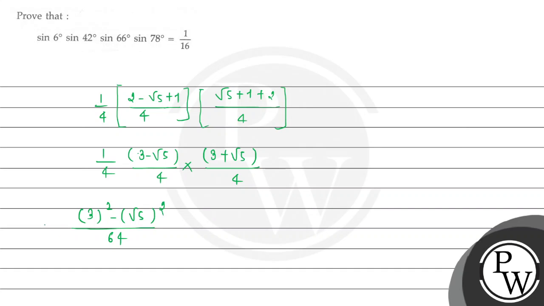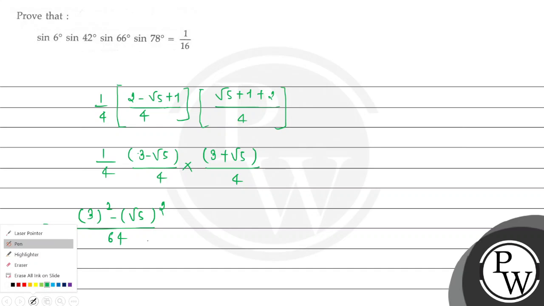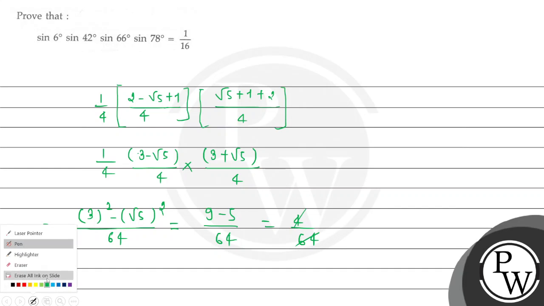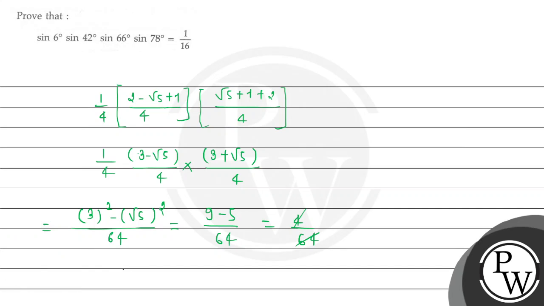This gives 9 minus 5, and 64 in the denominator, so this becomes 4/64. After cancelling, we get 1/16, which is what we needed to prove. So finally we can say LHS is equal to RHS. Hence proved.